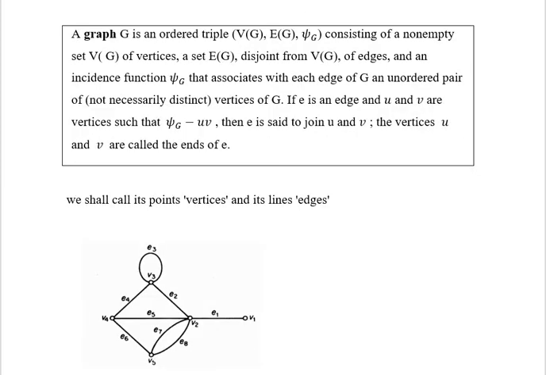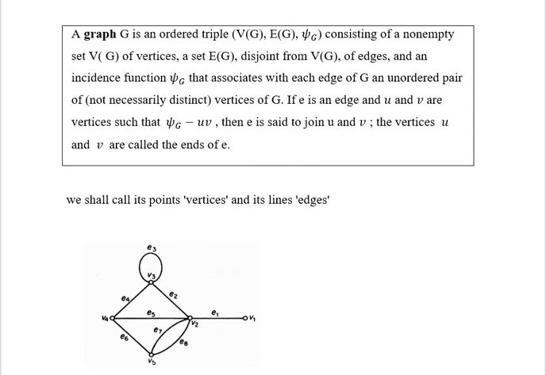A graph G is an ordered triple (V(G), E(G), psi_G) consisting of a non-empty set V(G) of vertices, a set E(G), disjoint from V(G), of edges, and an incidence function psi_G that associates with each edge of G an unordered pair of not necessarily distinct vertices of G. If e is an edge and u and v are vertices such that psi_G(e) = uv, then e is said to join u and v.